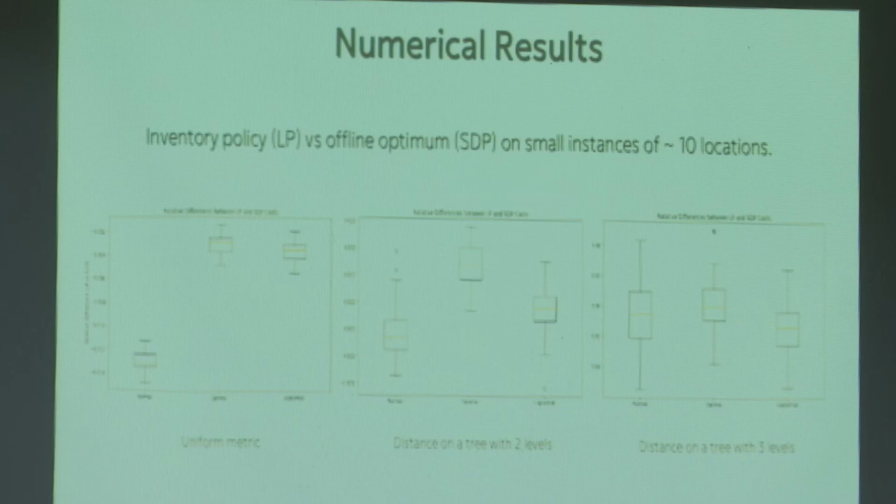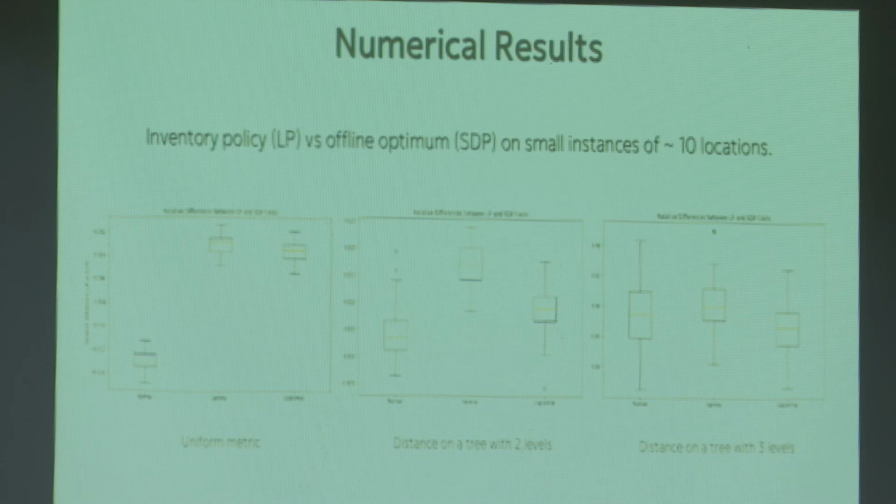I don't know if you can read. We considered three different metrics: uniform, a tree with 2 levels, which is really a star, and 3 levels. I should define what we tested.